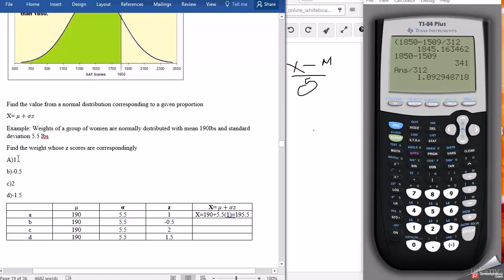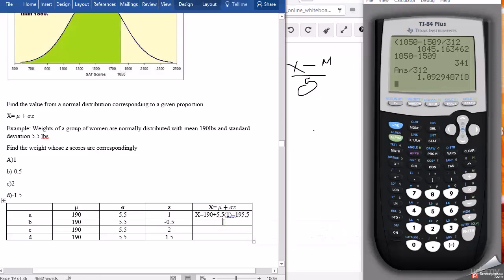So if we are given the z-scores of 1, -0.5, and 2, we want to find the actual weight. Okay, so if we have the mean of 190, the standard deviation is 5.5, and the z-score is 1, so we just plug it in. Okay, this is the formula: mean plus standard deviation times z-score. So when we do that for the very first case, this is what we have. So the raw score is 195.5.